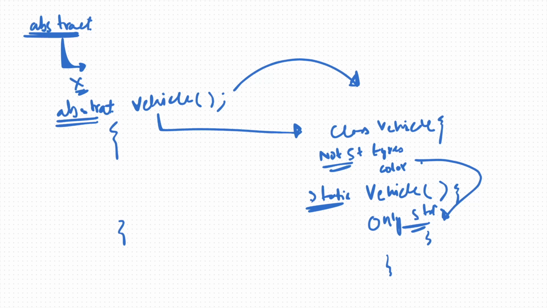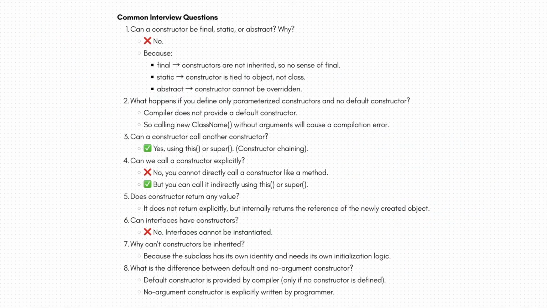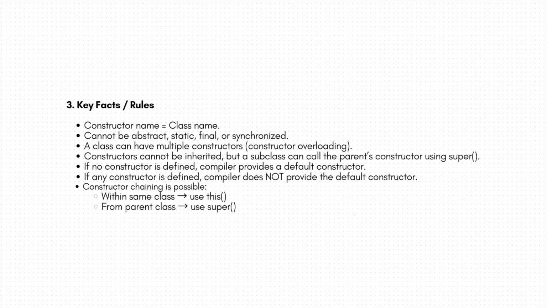Okay, let's move ahead. We discussed point number 1, point number 2. A class can have multiple constructors, constructor overloading, which we have already discussed, with a parameterized constructor and multiple constructors. Constructors cannot be inherited, but a subclass can call the parent constructor using super.